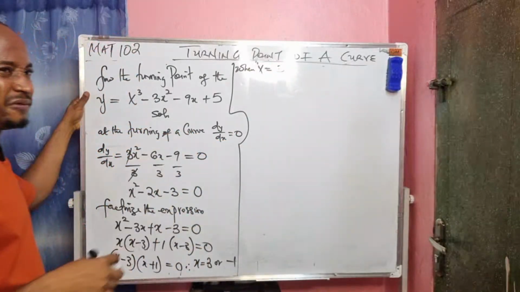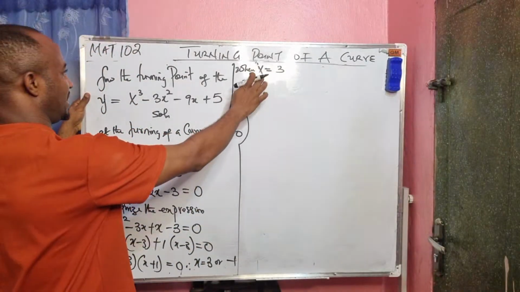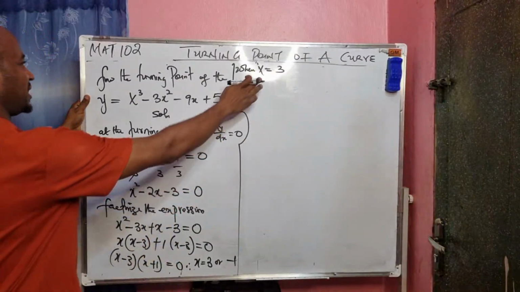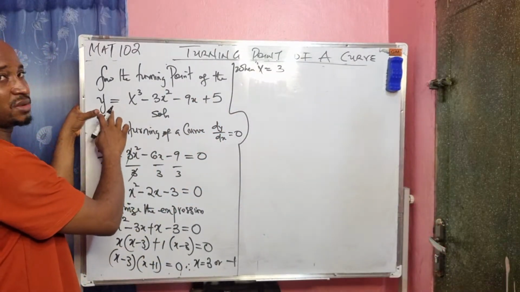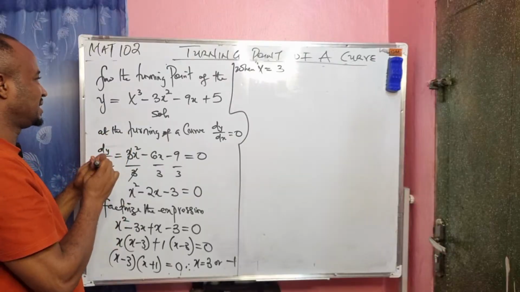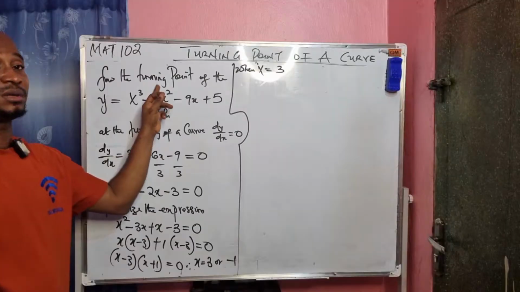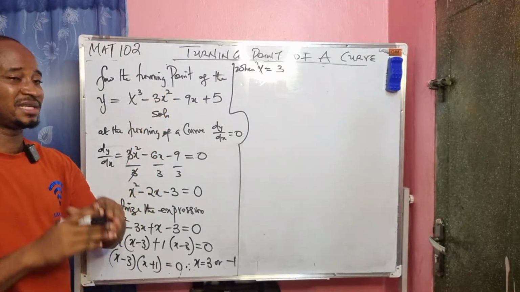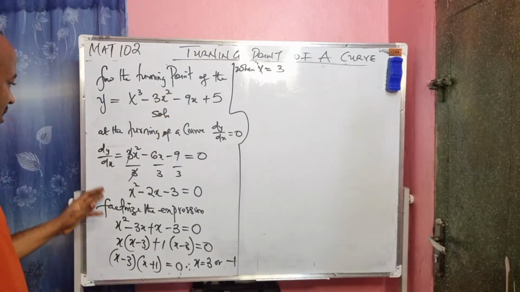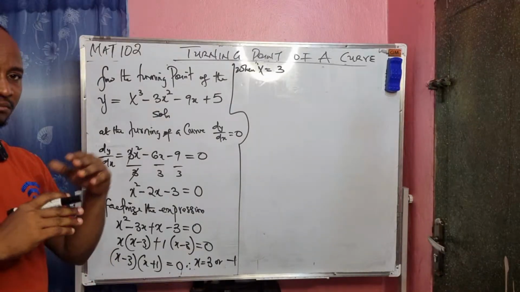I will find the corresponding value of y when x is 3, by putting the value of x as 3 into this function. Don't forget that the reason why I'm putting my x in this function is because I'm looking for the turning point. So let's find the stationary point at which a curve can either be maximum or minimum.